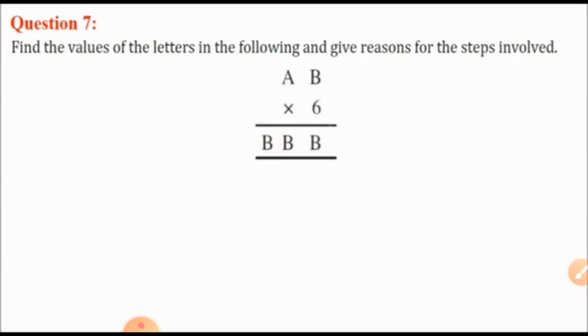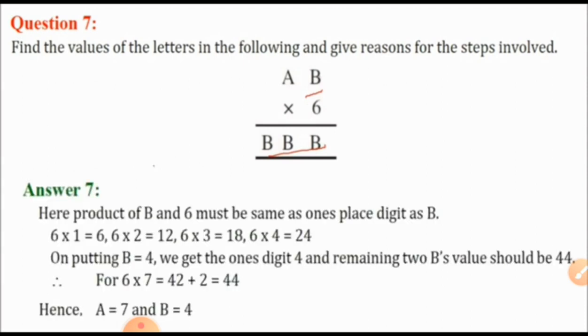Question number 7. Find the values of the letters in the following and give reasons for the steps involved. AB multiplied by 6. Is it interesting, students? Yes, it is very interesting. See carefully: AB multiplied by 6 gives me a 3 digit unknown number BBB. All BBB, all digits are the same. Which number are you selecting for B?